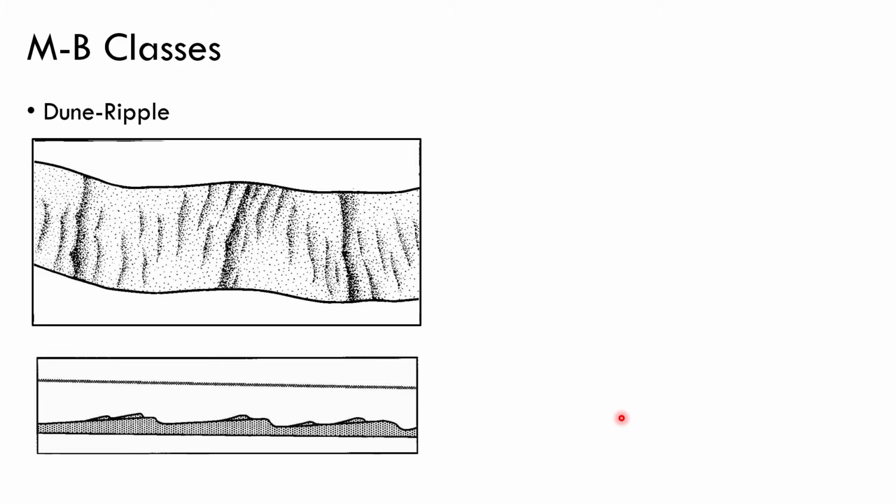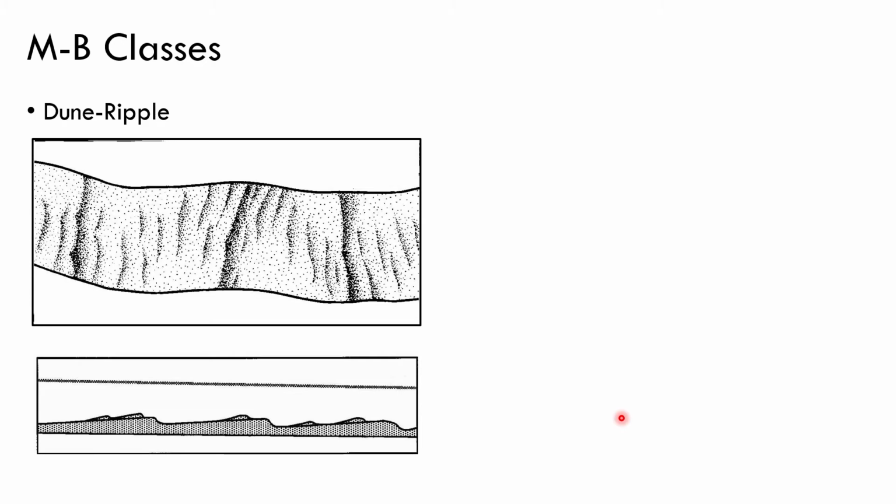And so if we were going to take this to, say, the Cedar River, at least upstream from Cedar Falls here, it is mostly dune ripple morphology, but with a slight combination of pool riffle morphology as well. So it's on the cusp of dune ripple and riffle pool, because there are some pretty big pools and some really underdeveloped riffles.